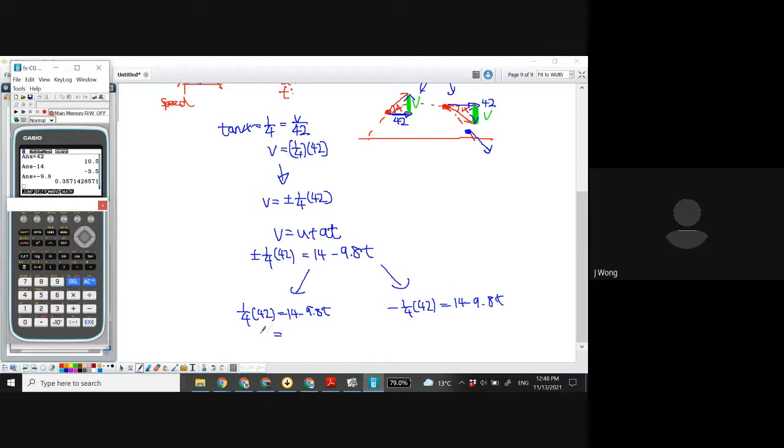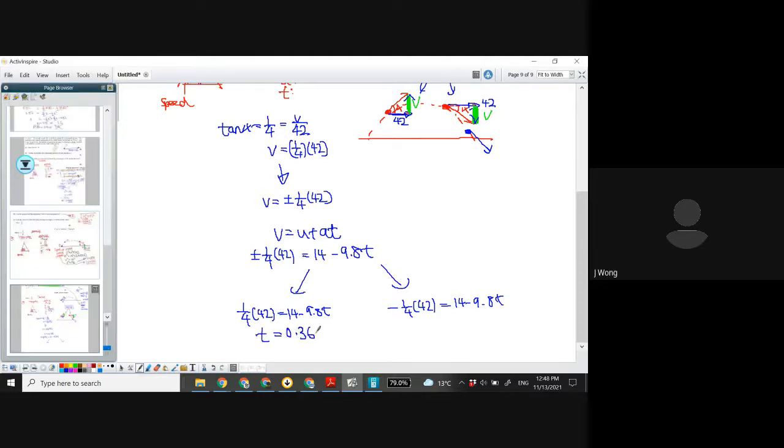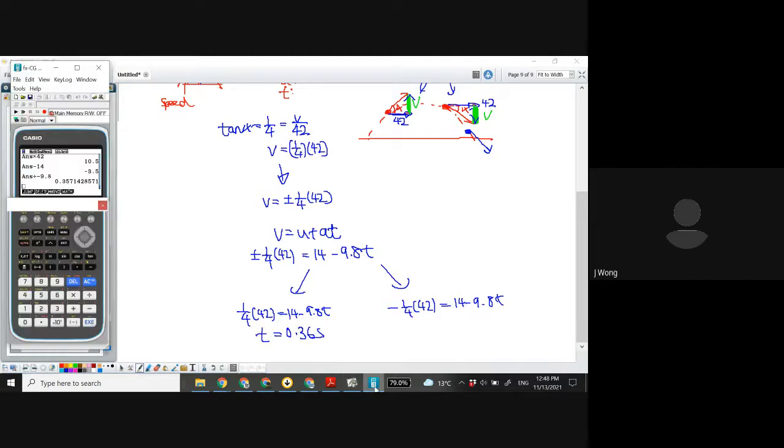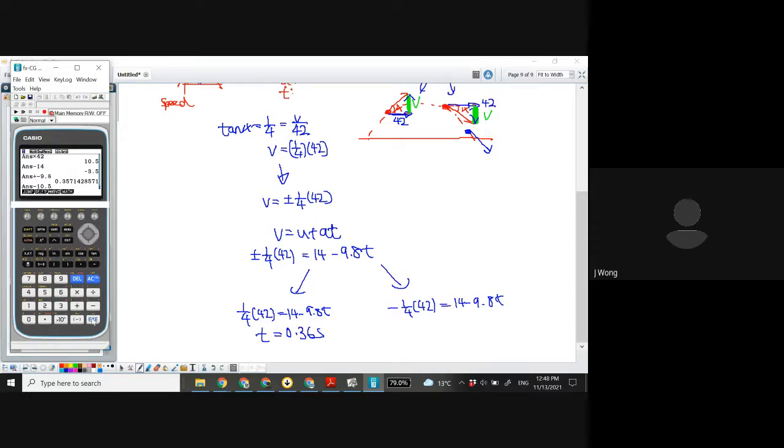Again, two significant figures will suffice: 0.36. Or you use minus 10.5 to start with, minus 14 divided by minus 9.8, and there you have it, 2.5.